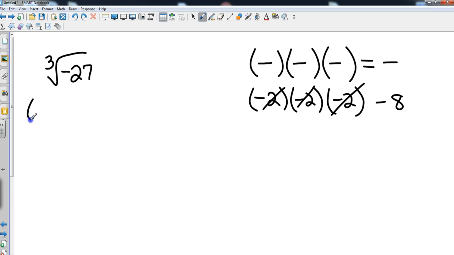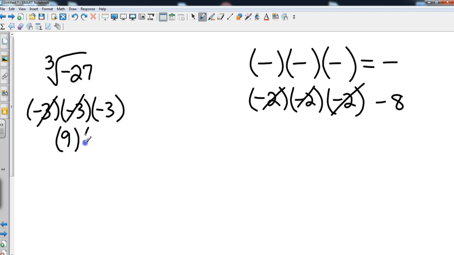So we try negative 3 times negative 3 times negative 3. Negative 3 times negative 3 is positive 9. And positive 9 times negative 3 is negative 27. So the cubed root of negative 27 is negative 3.